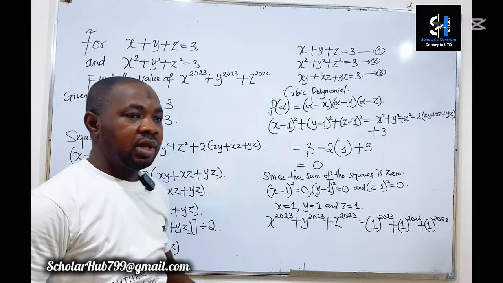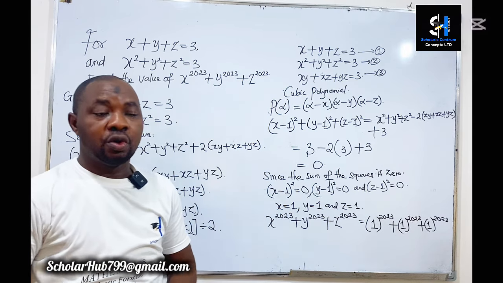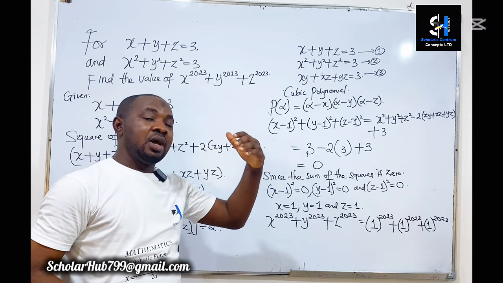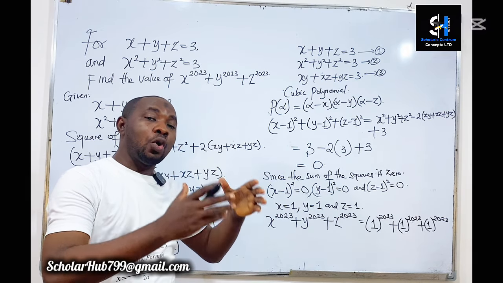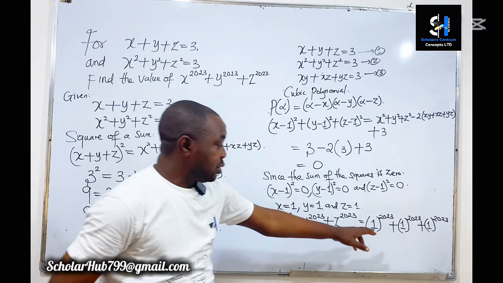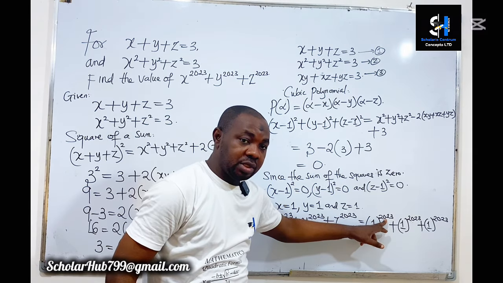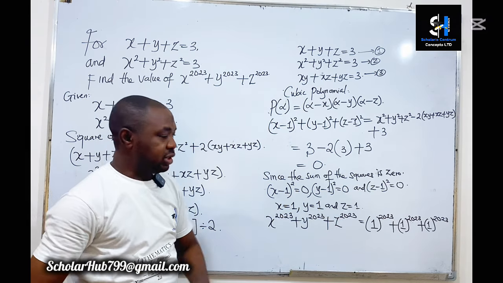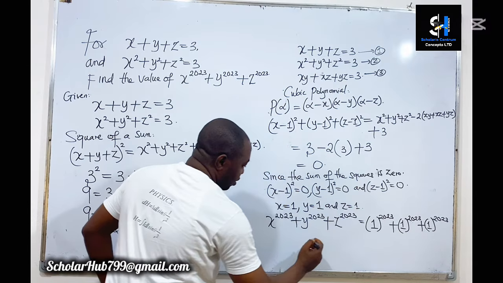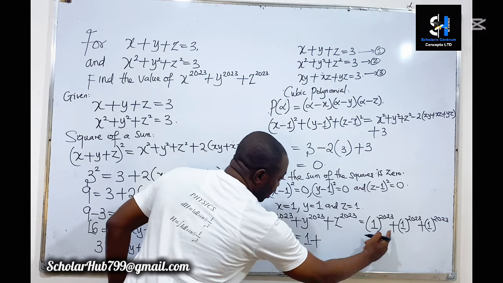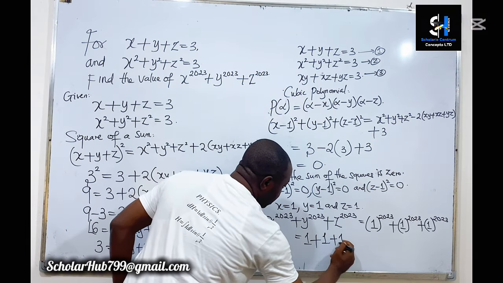We know that when we have a positive number raised to an odd positive integer power, such as 2023, the result is always positive. So 1 raised to the power of 2023 is 1, plus 1, plus 1.